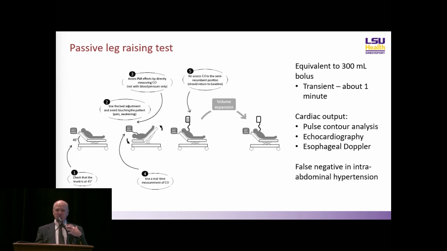And as long as you're monitoring some hemodynamic parameter continuously, such as an art line with stroke volume variation or a bioreactance device, you can immediately see if there's a change in cardiac output. Or you can use echocardiography.